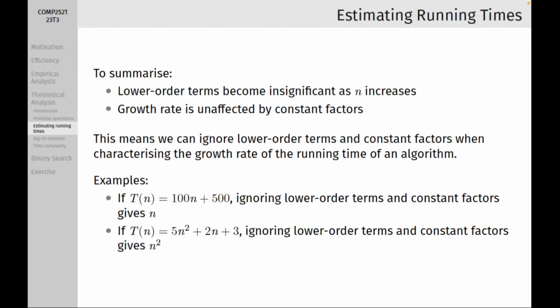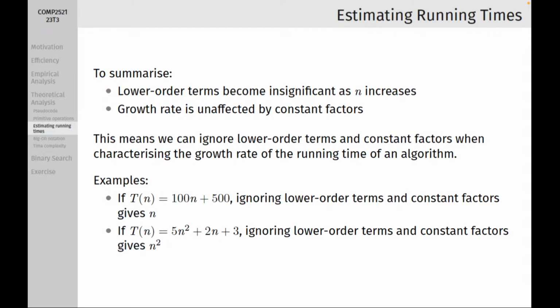So even though the first algorithm here had some really large constant factors, 100 and 500, getting rid of the lower order terms and constant factors tells us that this second algorithm is still less efficient.